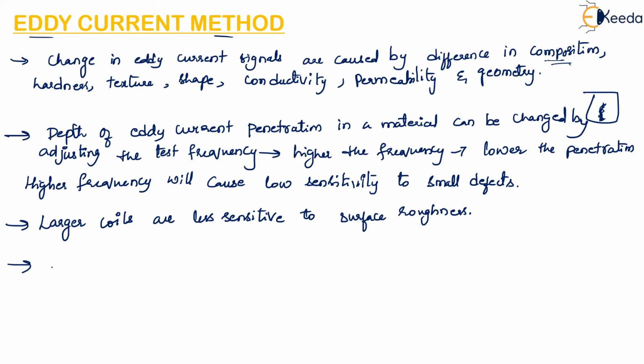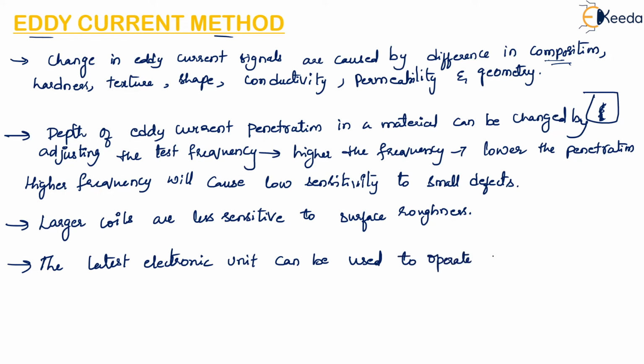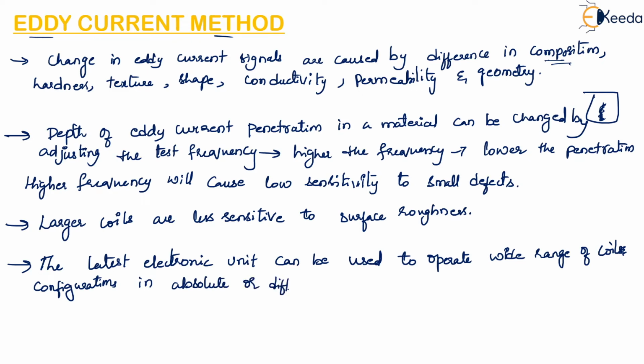So there is a new, the latest electronic unit that can be used to operate a wide range of coil configurations in absolute or differential modes, that is single or double coils, and the size of the coils can be varied, at a wide range of frequencies.